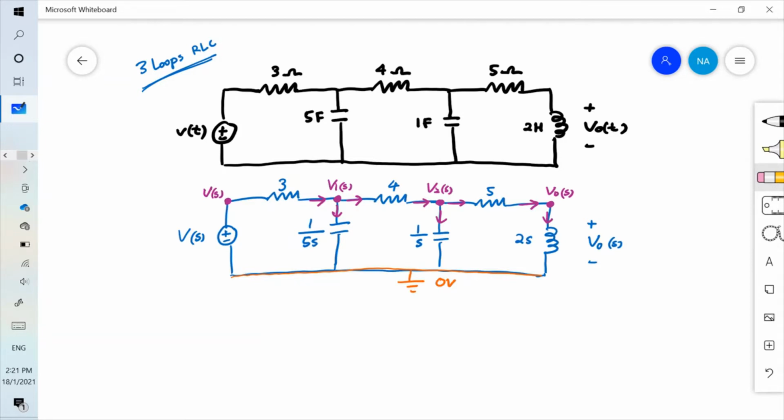Next one, we want to mark our nodes. In this circuit, you will have 3 nodes. Node number 1 can be named as V1S. Node number 2 can be named as V2S. And node number 3, look at the position.